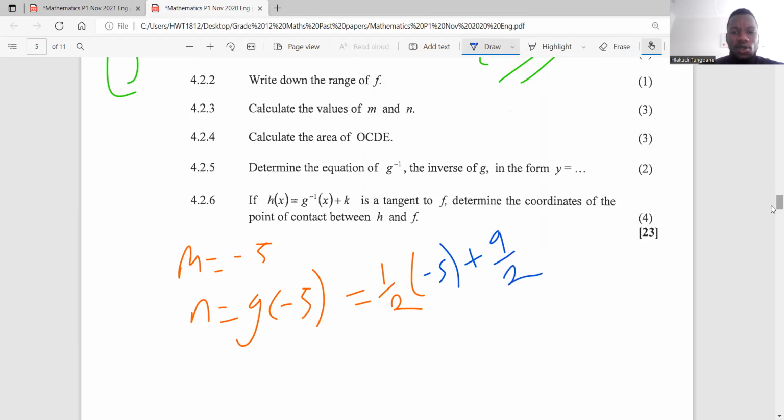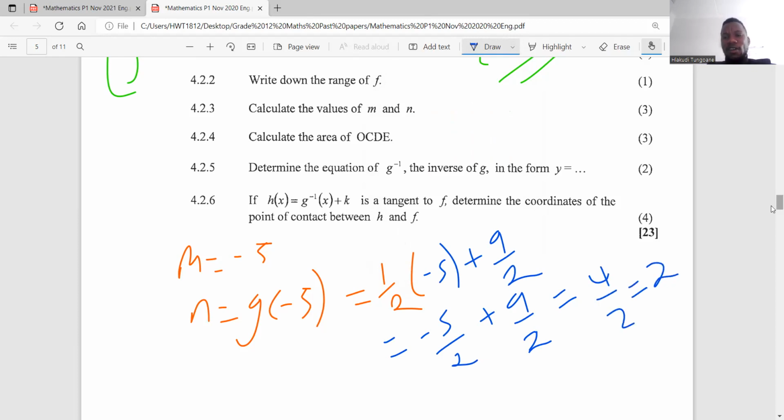If you solve for this, you have -5/2 plus 9/2, which gives us 4/2, which equals 2. Okay, so the coordinate is given by -5 and 2.